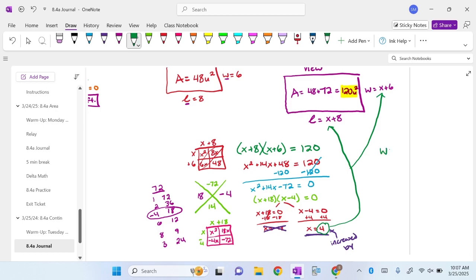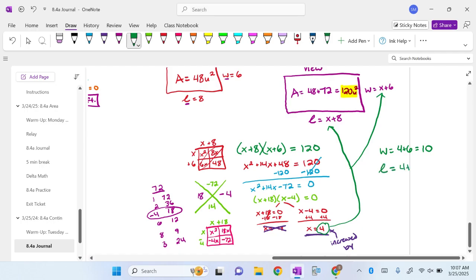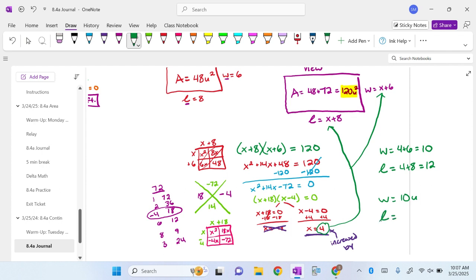So the width would equal 4 plus 6, which is 10. And the length would equal 4 plus 8, which is 12. Thus, our width is equal to 10 units, and our length is equal to 12 units.